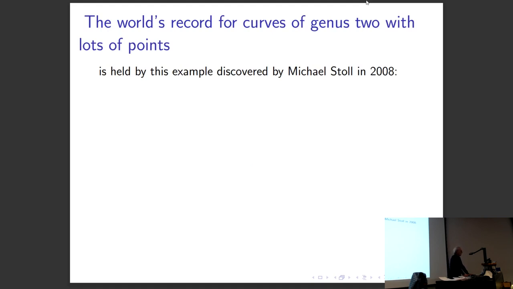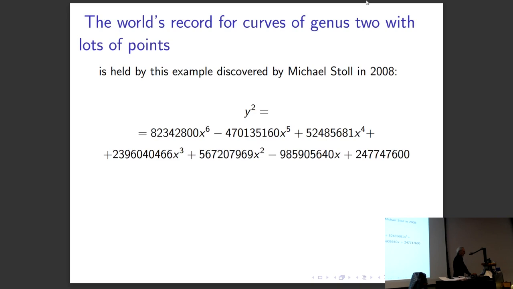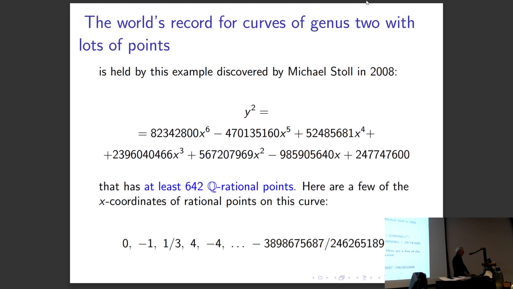Okay, I just want to give you one world record. The world record for curves of genus 2 with lots of points is held by an example discovered by Stoll two decades ago. It's this guy. It has at least 642 rational points.